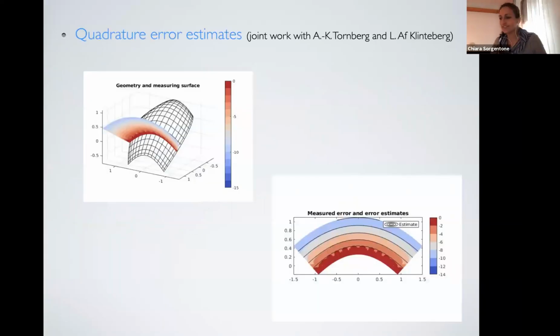Okay, so a few words about the future. As I said, I do have this nearly singular quadrature, but I do not have error estimates. So I cannot set all the parameters automatically. And this is something that would be great to have. Together with Anna-Karin Thunberg and Ludwig af Klinteberg, we are working on error estimates for these 3D integrals.